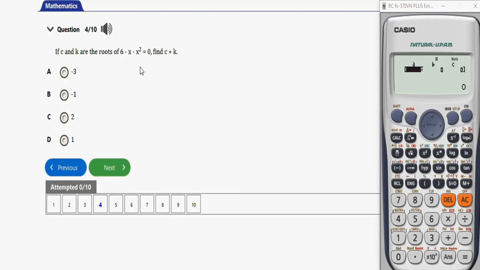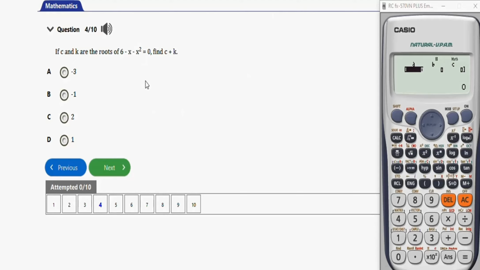Because we don't want this s squared to be a negative value, let's make it a positive value. It's the same thing, guys. If you push it to the right side, it will now be s squared plus x plus 6 equals 0.